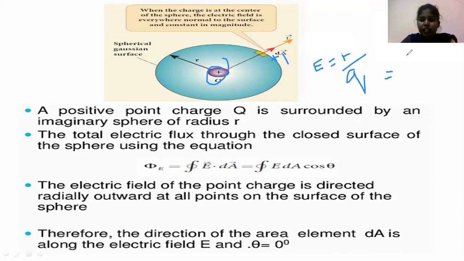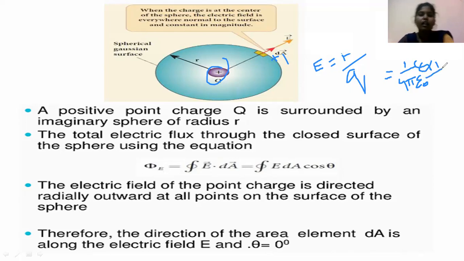So E is equal to 1 by 4 pi epsilon naught Q1 Q2 by R square. You just have the two charges: one is the charge +Q and one is the test charge. So capital Q into 1 is in the numerator.